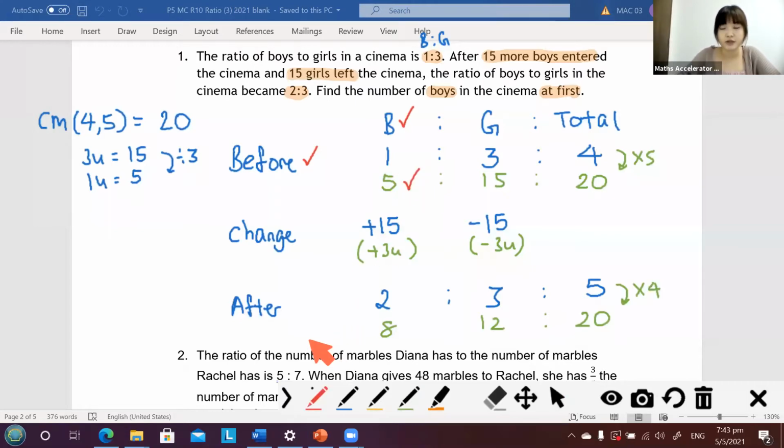We always look at the correct ratio, the one that the total is the same, which is the green ratio in this case. So 5 units will be your 5 times 5, 25. So the number of boys in the cinema at first will be 25 boys. That's your answer.